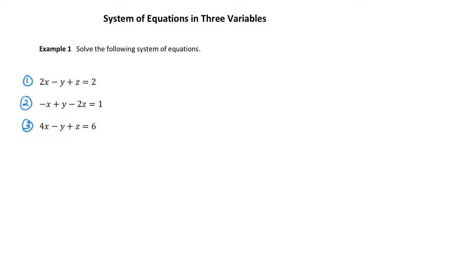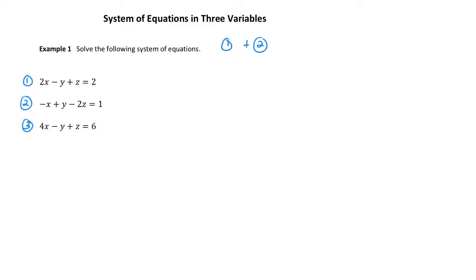If I'd like to eliminate either x, y, or z, I'm going to examine the first two. And I'm noticing that there's a negative y and a positive y. So if I add these two equations together, I'll be left with the x's and the z's, and the y's will be gone. So let's try that. I want to add the first and second equations.